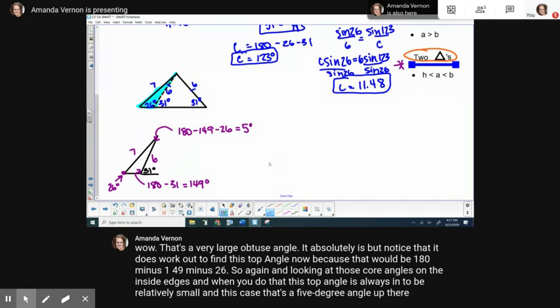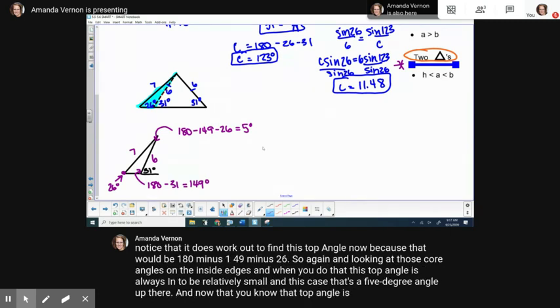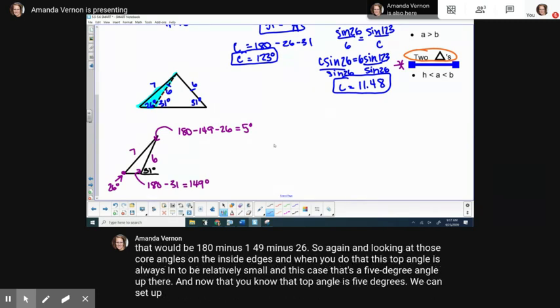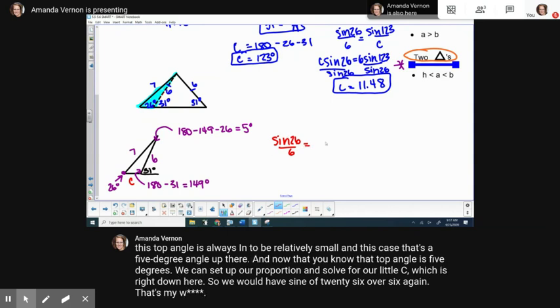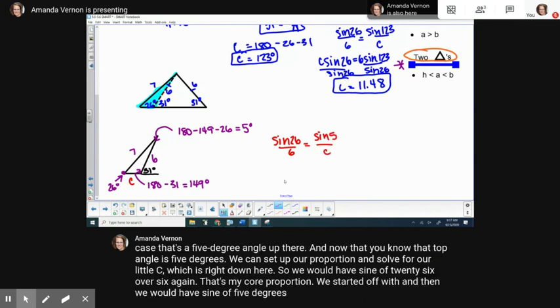Now that you know that top angle is 5 degrees, we can set up our proportion and solve for our little c, which is right down here. So we would have sine of 26 over 6. Again, that's my core proportion we started off with. And then we would have sine of 5 degrees over little c.